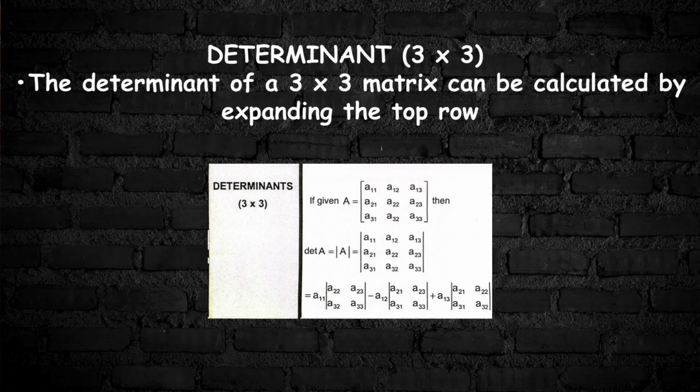If given A equal to the matrix with rows A11, A12, A13, A21, A22, A23, A31, A32, A33, then determinant A equal A11 multiply the 2 by 2 matrix A22, A23, A32, A33 minus A12 multiply the matrix A21, A23, A31, A33 plus A13 multiply the matrix A21, A22, A31, A32.